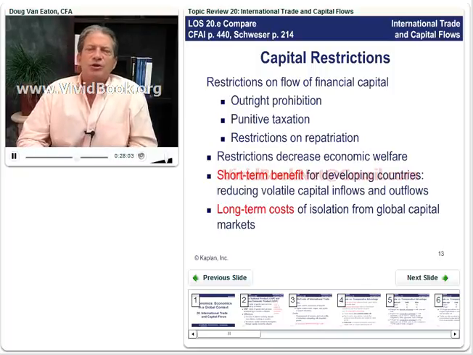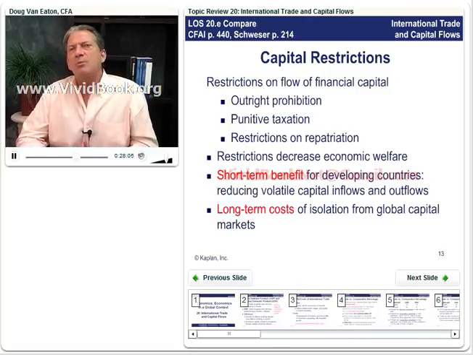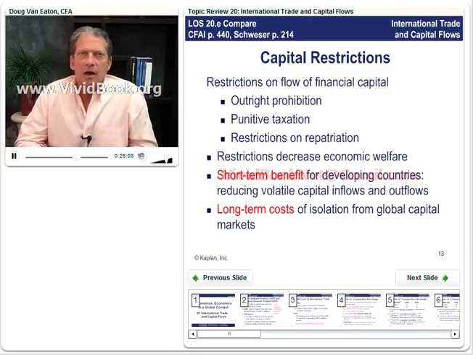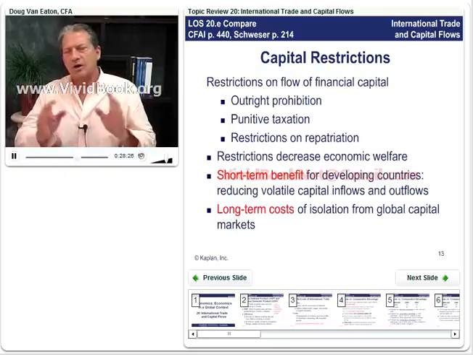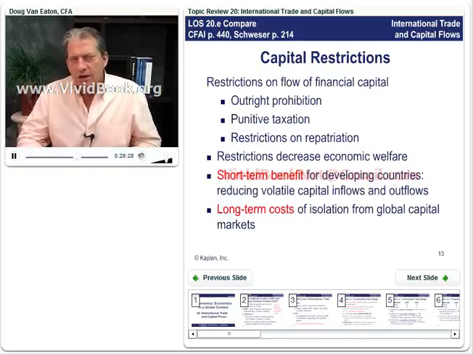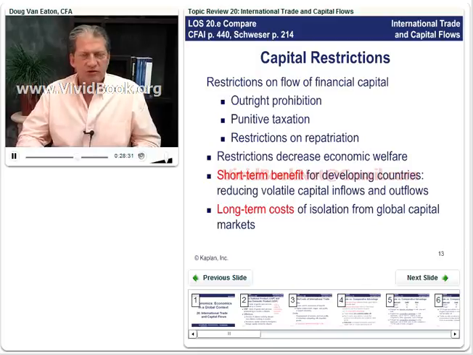There could be some sort of taxation to inhibit but not prohibit flows of foreign capital in and out of the country, and maybe restrictions on repatriation, that capital can flow into the country but not back out. So all of these restrictions decrease economic welfare, and that's our economic story all along, is restrictions decrease overall welfare, except in some very special circumstances.